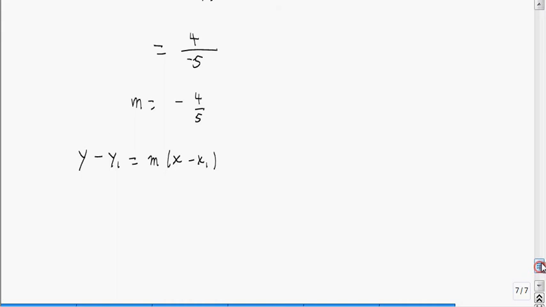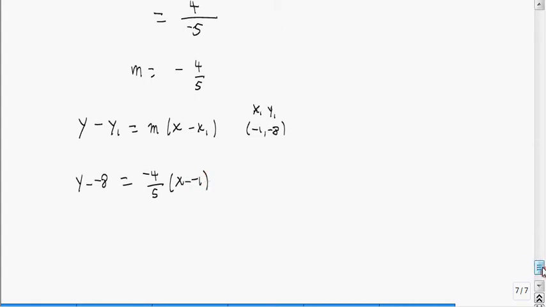So we're going to have y minus y1, y minus a negative 8, is equal to the slope, negative 4/5, times x minus x1, which is negative 1.